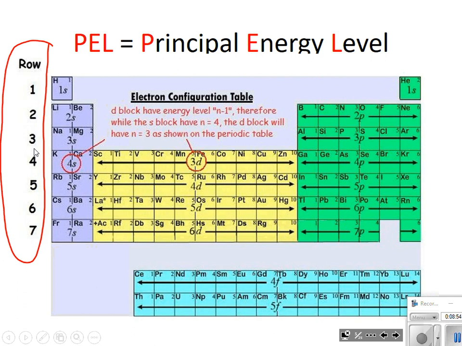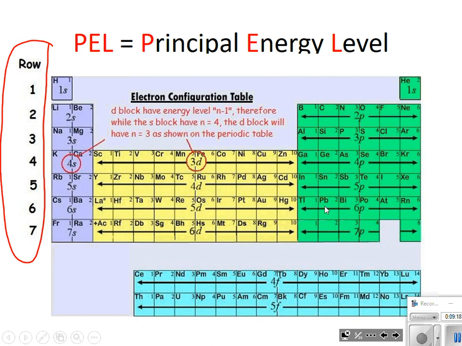So its main energy level is 3. If I would say something like lead, right here, what energy level is lead on? 6. Okay? So we can look at the energy levels and know where they're at based on the numbers to the left of your periodic table.